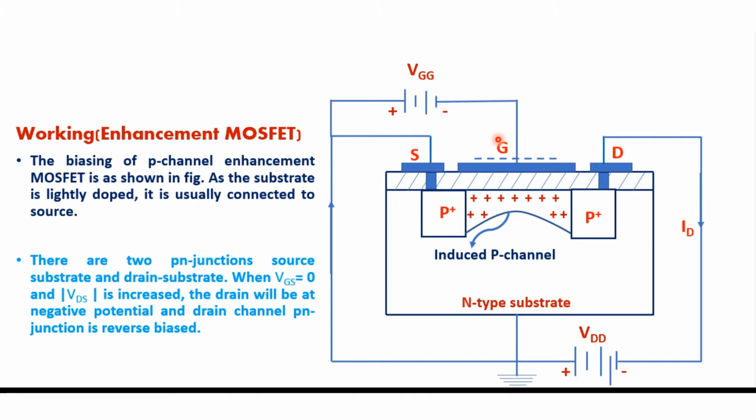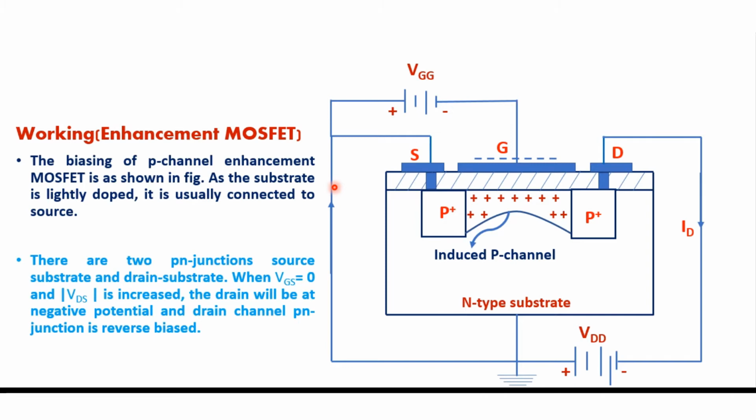T is the suffix. The channel region is highly influenced by the transverse electric field produced by this gate to source voltage, and the shape of the channel changes with the drain to source voltage. For example, when drain to source voltage is kept 0, the channel will be rectangular in shape and becomes wedge shaped when drain to source voltage is increased.